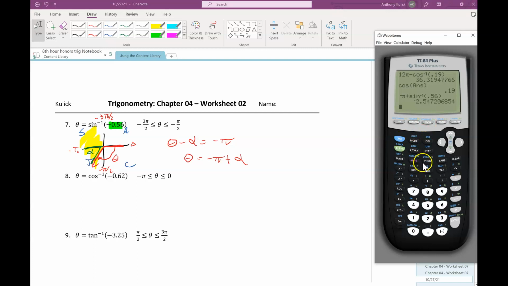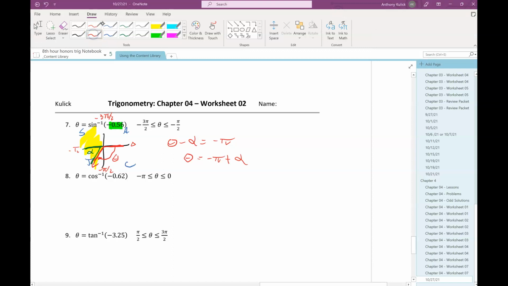Let's just check that that does indeed satisfy. And it does. What do you guys think? I think that's a good place to stop.